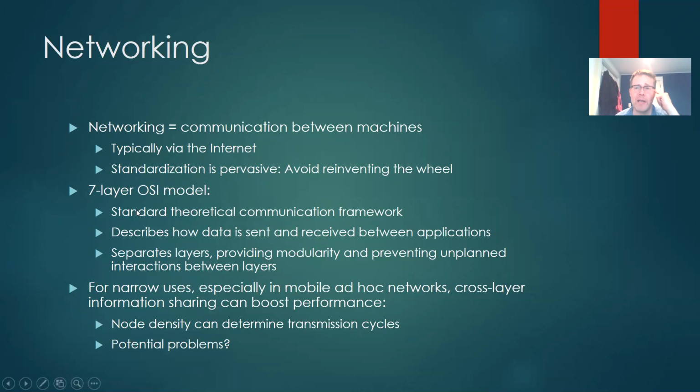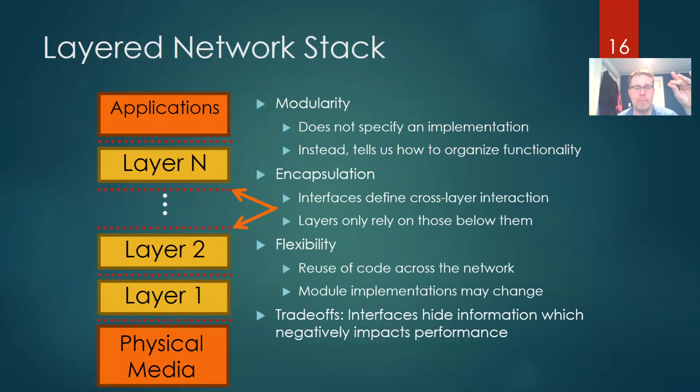Anyway, OSI is very good for teaching purposes because it takes all these basic layers and explains exactly how they work. So it's nice for teaching purposes. This bit here, again, talks a little bit about cross-layer information sharing. Now, 7-layer OSI is a strictly layered system. Every layer in the model, right, these N layers that we had a minute ago, it has 7 layers, and they're all strictly separated.